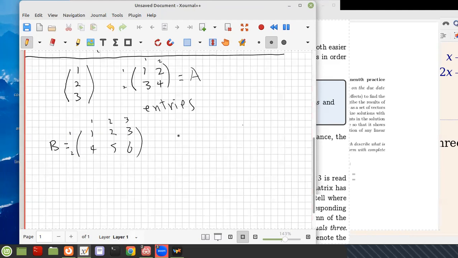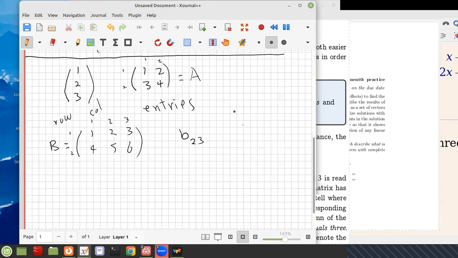We're going to use a lowercase b as a name for these entries, and we're going to use the row index and the column index to indicate which one. The first one is the row, so this is row 2, column 3.